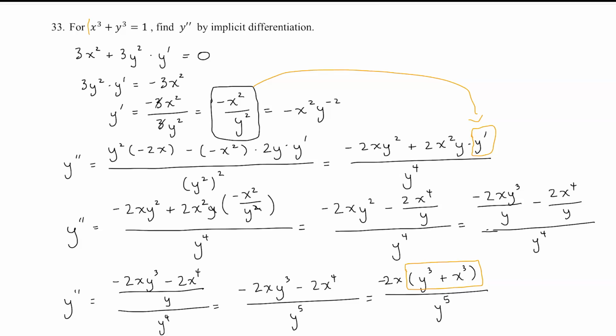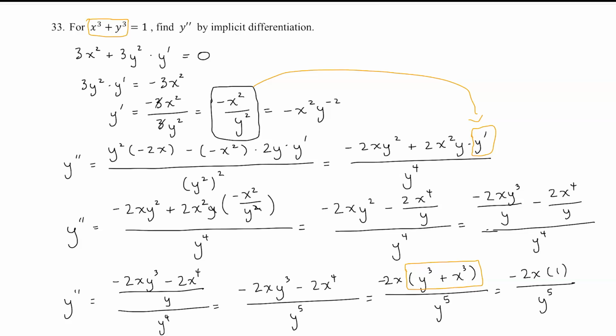I have a y cubed plus x cubed term here in the numerator, and I was told that x cubed plus y cubed, or y cubed plus x cubed, equals 1. So in fact, what I have is negative 2x times 1 all over y to the fifth. So ultimately, my y double prime actually simplifies to negative 2x over y to the fifth.